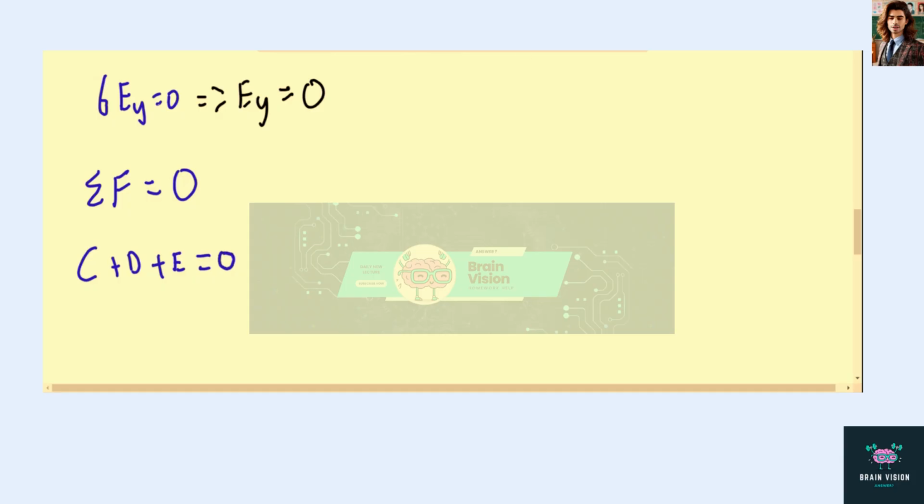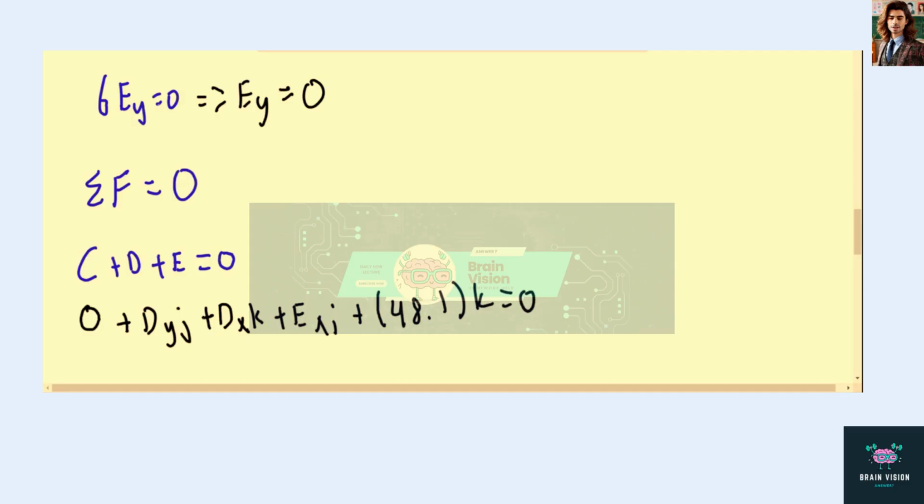And we know that C is 0, so we can write 0 for that, plus the components of D, which we'll write as D of y j plus D of x k, plus E of x i, plus 48.1 k is equal to 0.